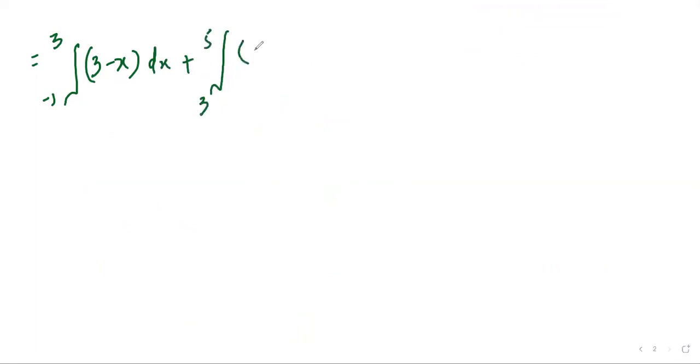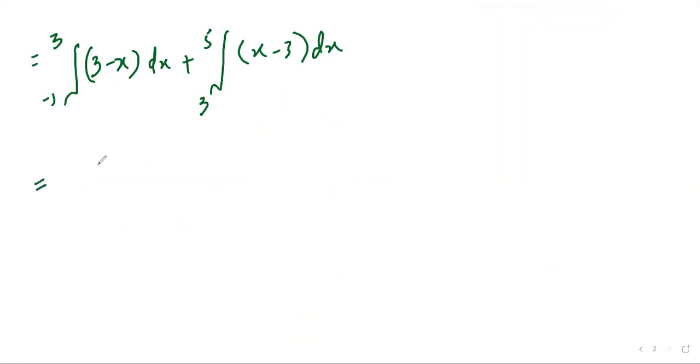So इसके बाद जो सिंपल इंटीग्रेशन है जो आप लोग करते हैं, you can write the first function that is from minus 1 to 3 as 3 minus x into dx plus the next function starts from 3 to 5, and it can be written as x minus 3 into dx.